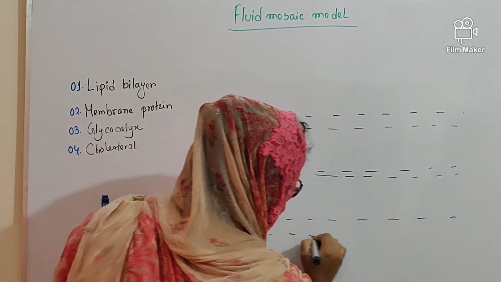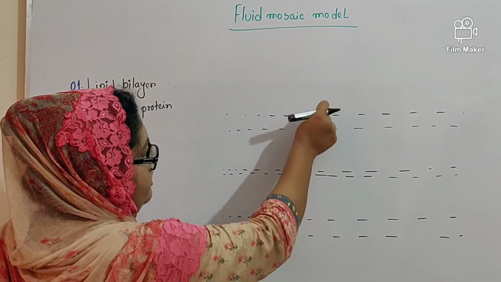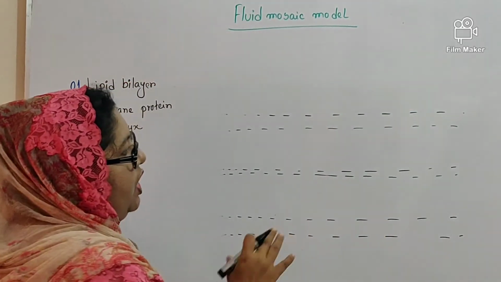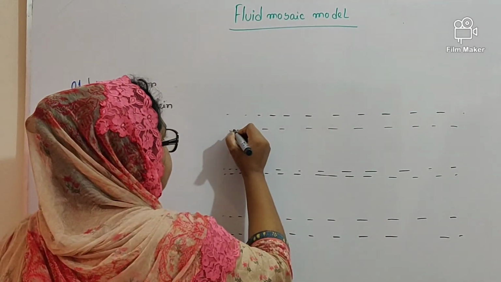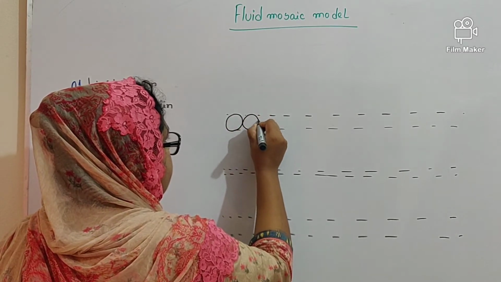and the gap between this layer and this layer should be similar, because between these two layers we'll draw the phosphate head. So first of all, you draw like this.